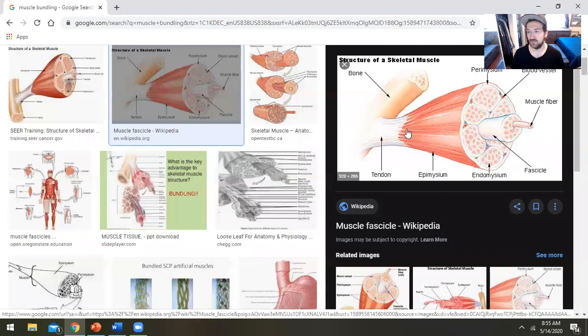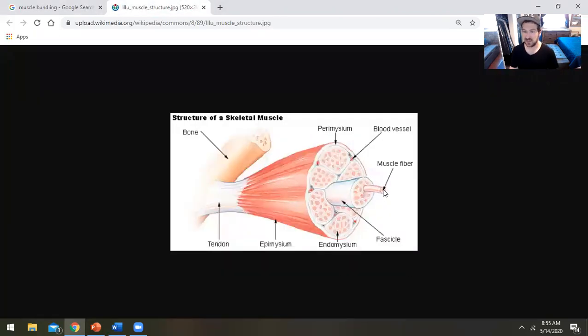So if you look here, you can see there's an individual muscle fiber. This is an actual muscle cell, and it's wrapped up with a whole bunch of other muscle cells, and then they're all wrapped up together, and we call that a fascicle. A fascicle is basically a bundle of muscle fibers, and then you have a whole bunch of fascicles all bound together and wrapped in a big sheet.